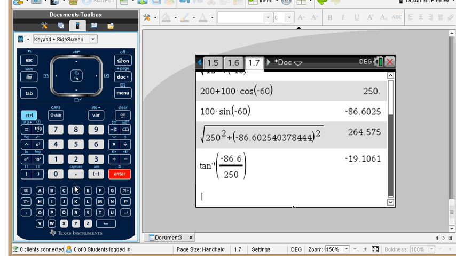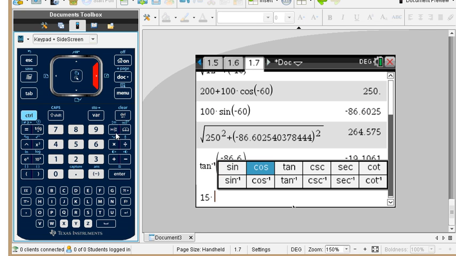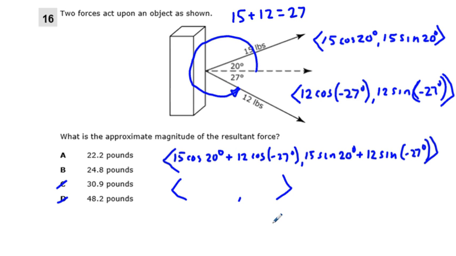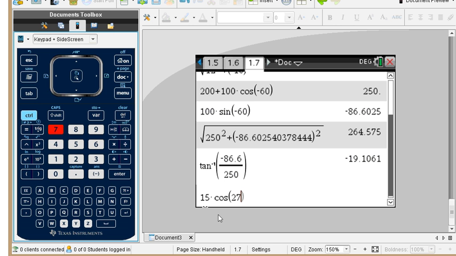So we go here, we'll put in 15 times cosine 20 degrees. Make sure I get this right here. Negative 27 degrees is that other one.